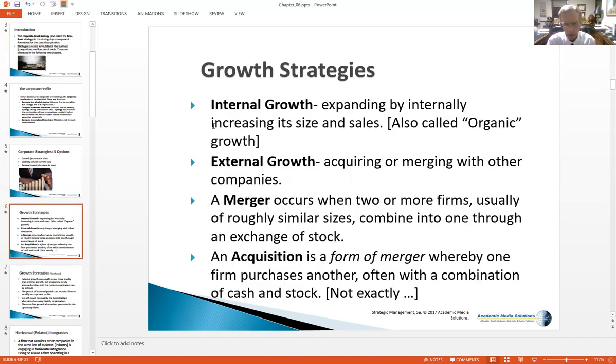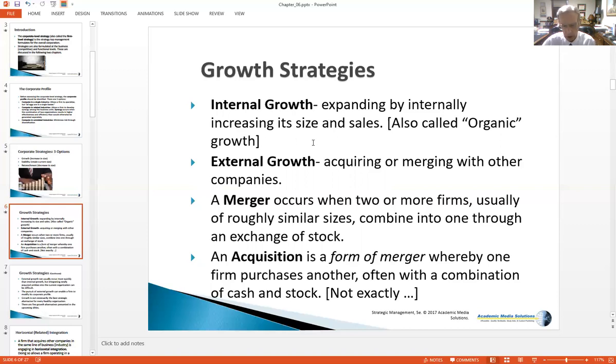Growth strategies. You can see that we've got 4 possibilities on the slide. You can also see that on this slide, I've put these little square brackets, and those are comments that I've added to Professor Parnell's slides, or to the publisher's slides, depending on who prepared them.